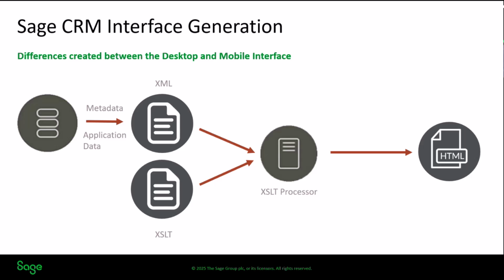The desktop uses a different XSLT mechanism to render the interface, and that difference is going to be the root cause of much of what the limitations are here. Everything is to do with making the interface as light as possible, so it will run as well as possible inside a mobile device.